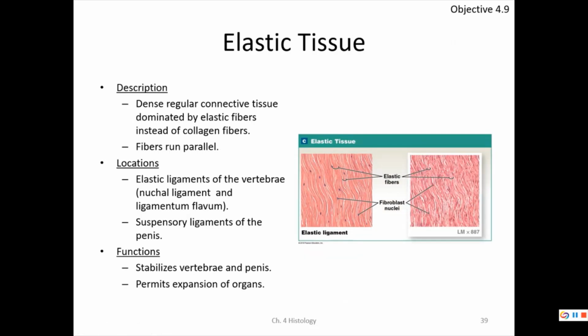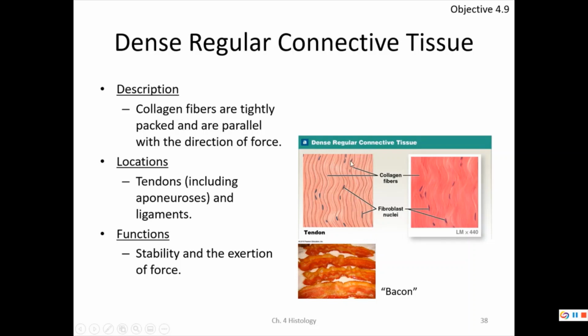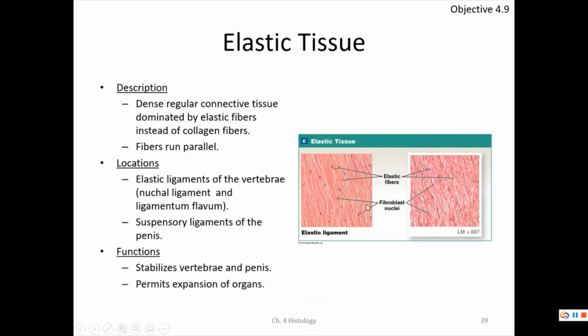Now, elastic tissue, to me, looks a little bit more fatty here, and I don't have a good visual analogy for it, but elastic tissue looks like dense regular, but with more white in it. That white is going to have the elastic fibers stuck in there too, making it very elastic.